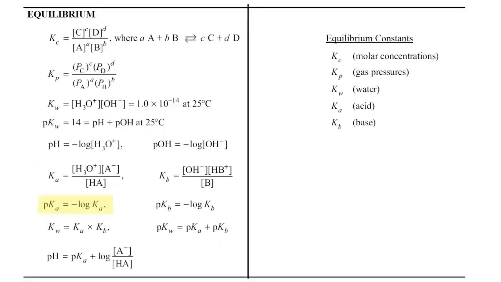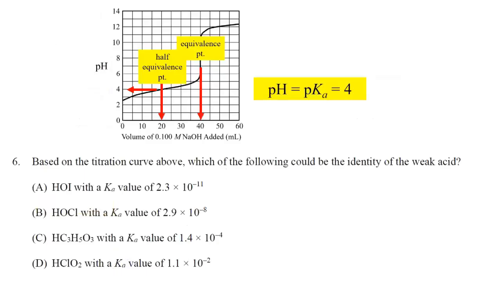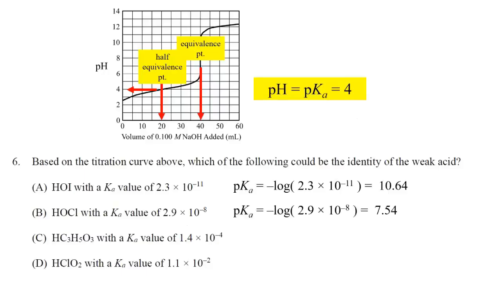Now, on the equation sheet, you can find all sorts of useful acid-base equations in this section. So the pKa is equal to the negative log of the Ka. I'm going to take the negative log of each of these Ka values. Now, do I have to do this math?